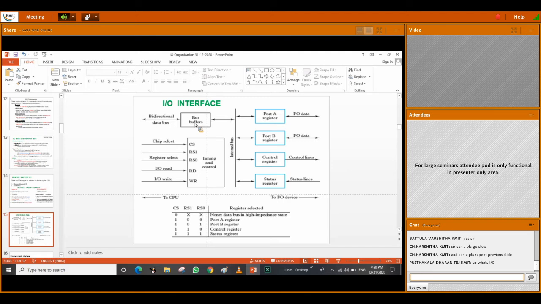This port is for CPU instructions, this port is the IO device, and here this port is the CPU.